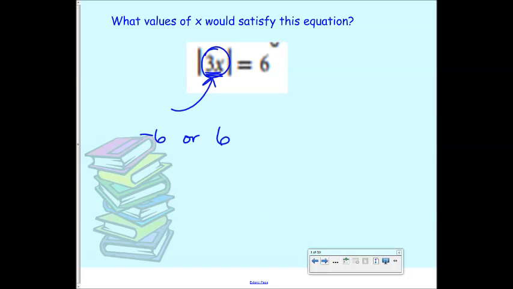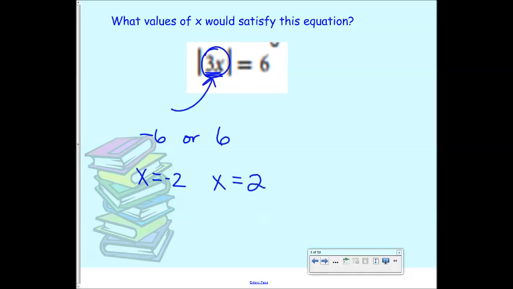What number can I plug in for x that would make that equal to -6? In that case, x would be equal to -2. Or if I want to make it positive 6, then x would have to be equal to positive 2, because 3 times positive 2 would give me positive 6.